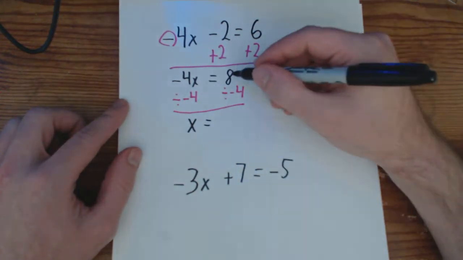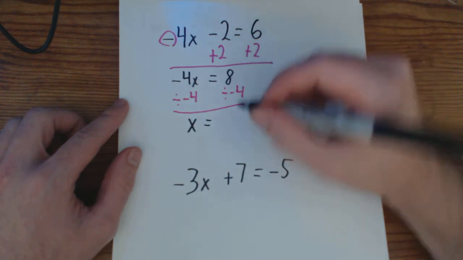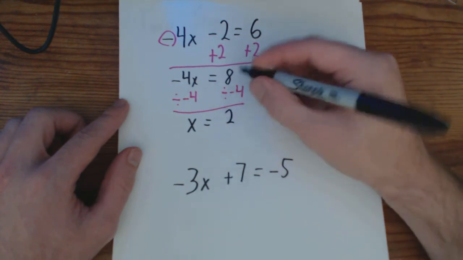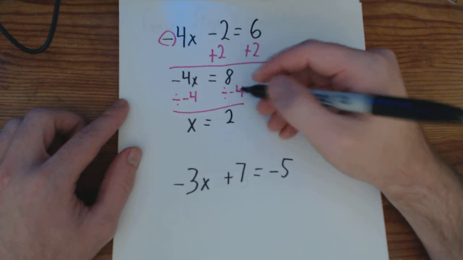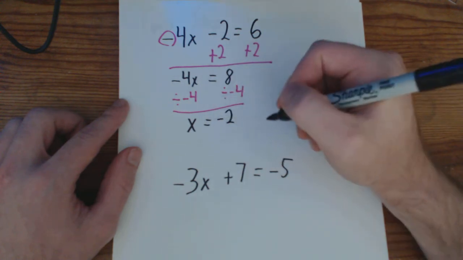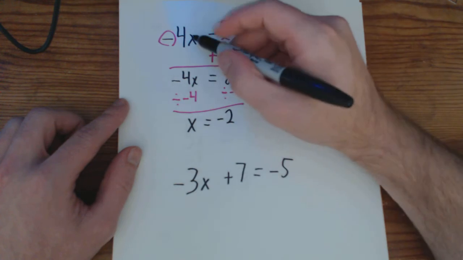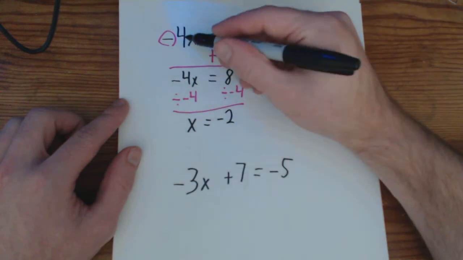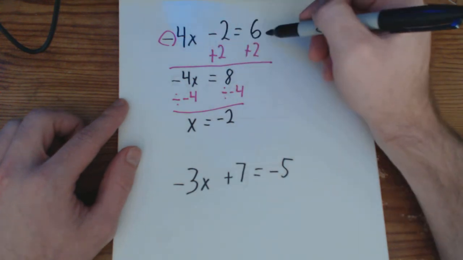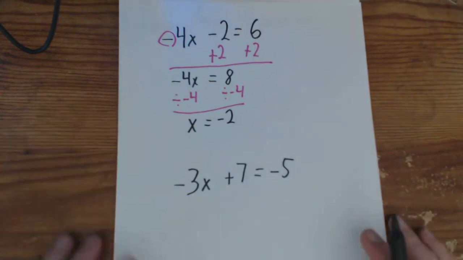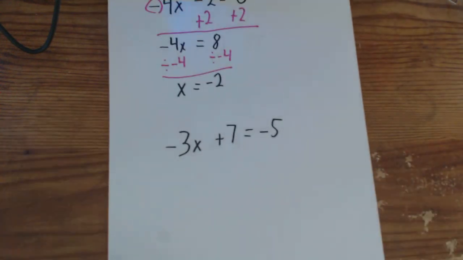On the other side, 8 divided by negative 4. Well, 8 divided by 4 is going to be 2. If you take a positive, divide it by a negative, your answer is going to be negative. So in this one, our answer, x equals negative 2. Again, negative 2 times negative 4 would give us positive 8. 8 minus 2 would be 6. It checks out. Let's do this one last example here.